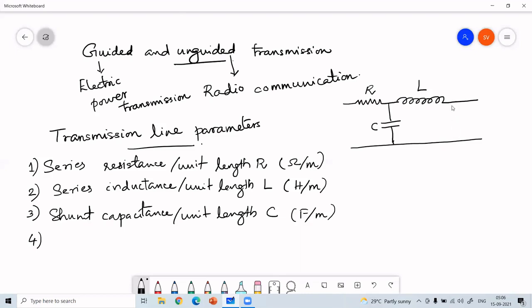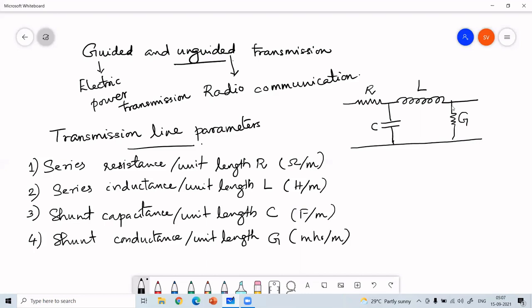So the fourth one is the conductance, which I'm representing here as capital G. The fourth one is the shunt conductance per unit length, capital G, whose unit is mho per meter. The shunt conductance is only due to that leakage current.